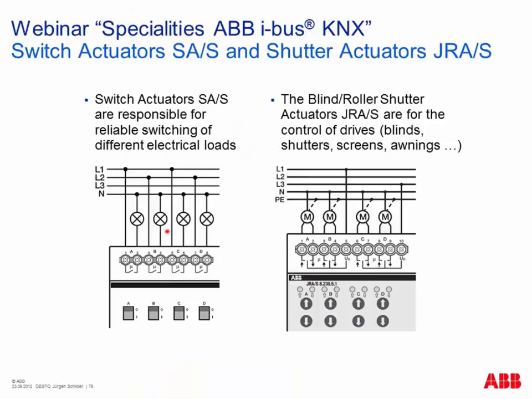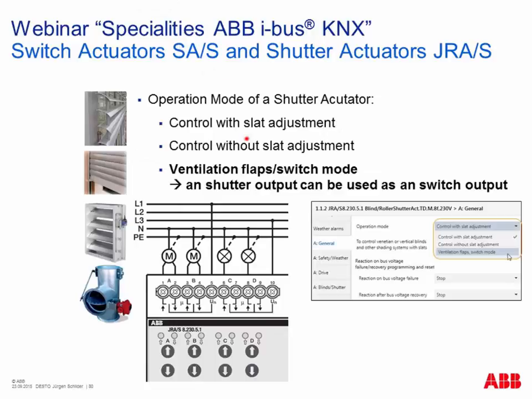Again, some words about our switch and shutter actuator. The switch actuators are, for example, designed to switch the load, like here our socket outlets or the light circuits. To control shutters and blinds, we are using so-called shutter actuators, because a shutter motor has one input for driving, for example, up and one for down. So inside our shutter actuator we have a relay which can have the position for up or for driving down.